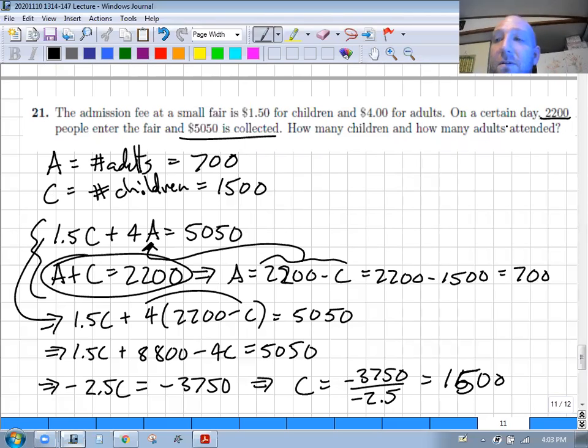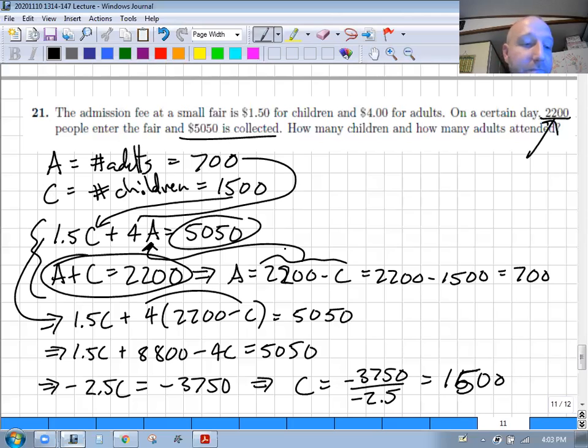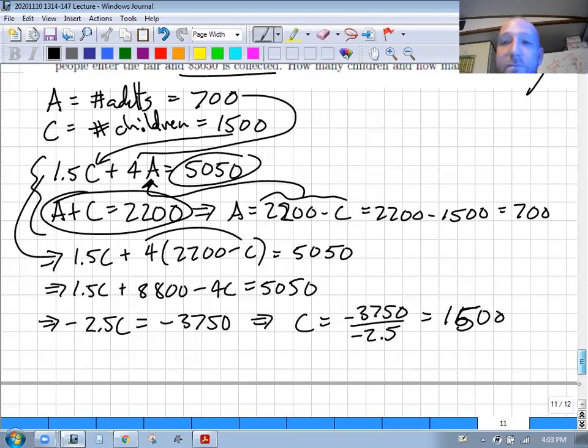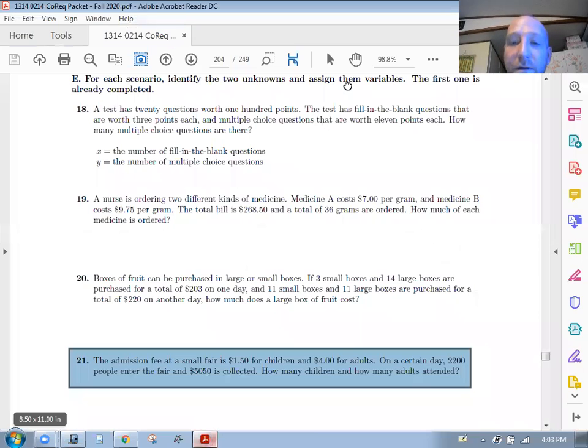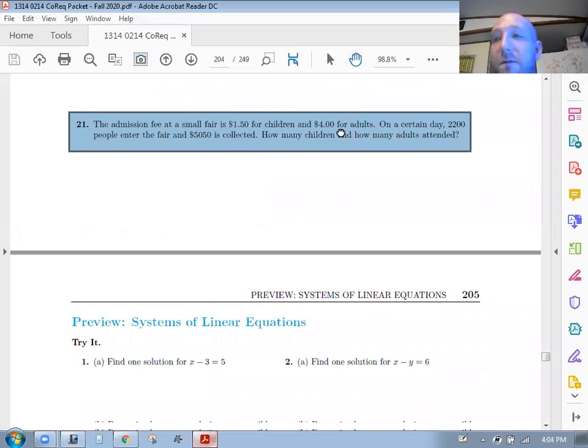Add them together, you get 2,200 people. Well, if we plug those numbers in here and here, we should get 5,050. Any questions? All right, moving on.